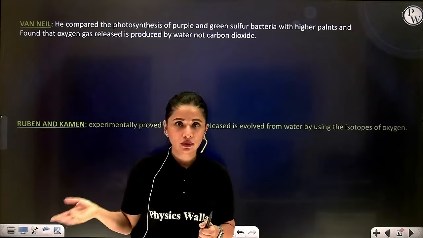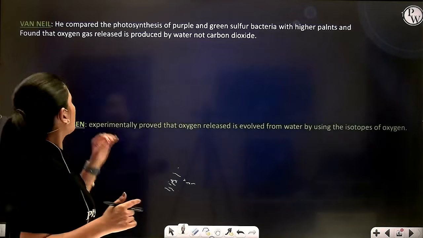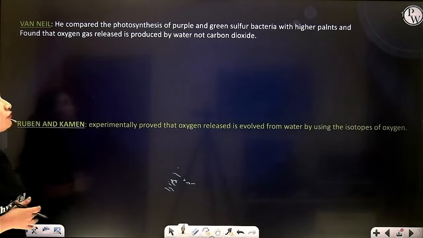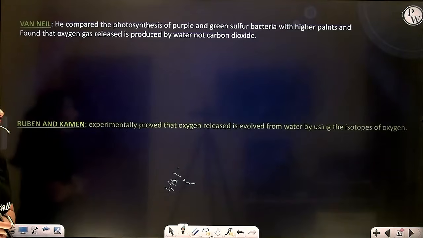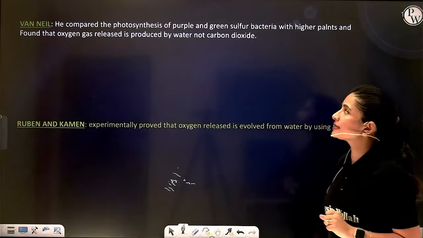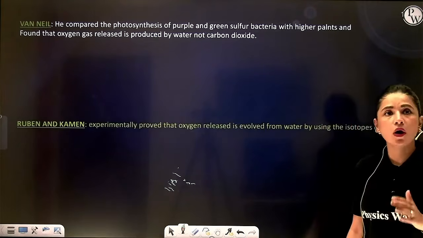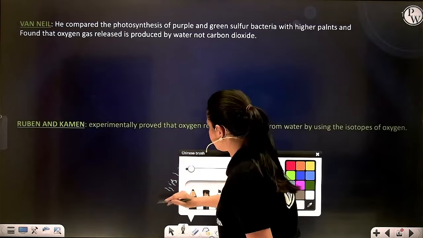Let's see how. So, what is written on the board? Van Niel compared the photosynthesis of purple and green sulfur bacteria with higher plants and found that oxygen gas is released from water but not carbon dioxide. I'll tell you about this equation.